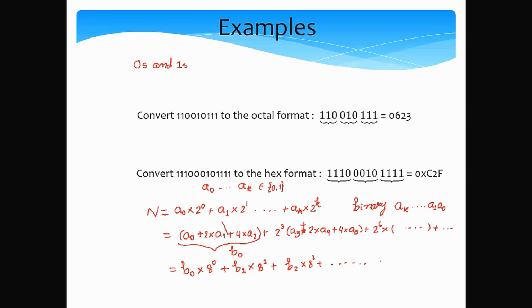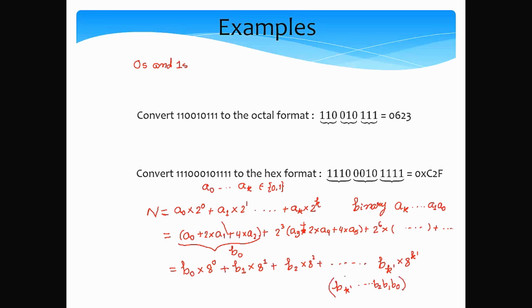Say let's assume that the last number in this series is k dash times 8 to the power k dash. So essentially the octal number will be equal to, so this is the number in base 8.